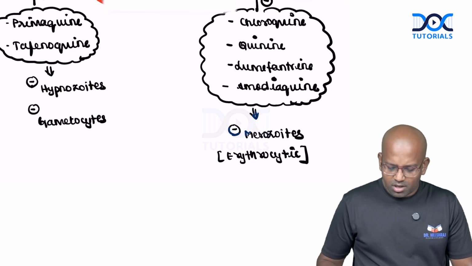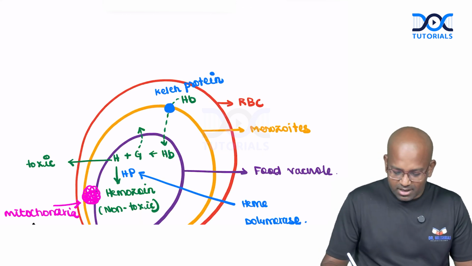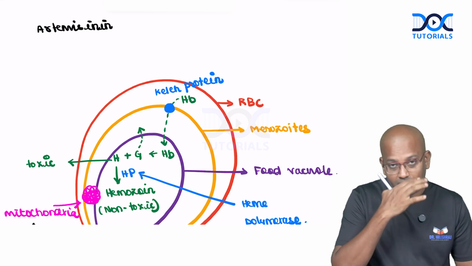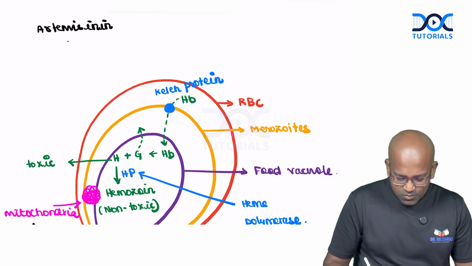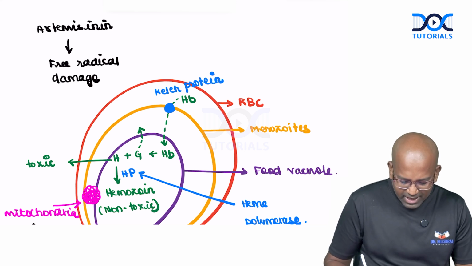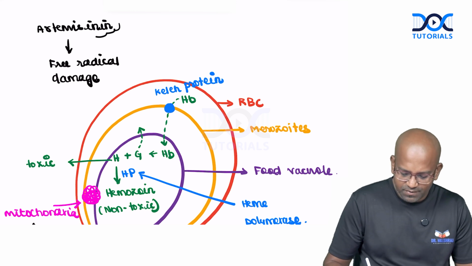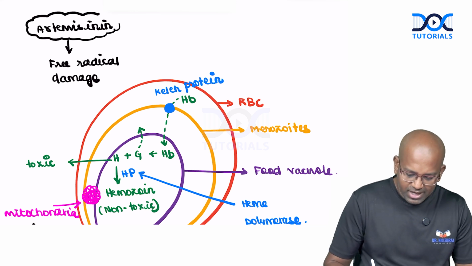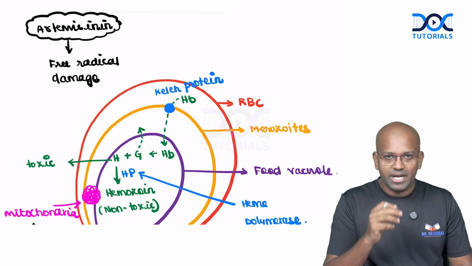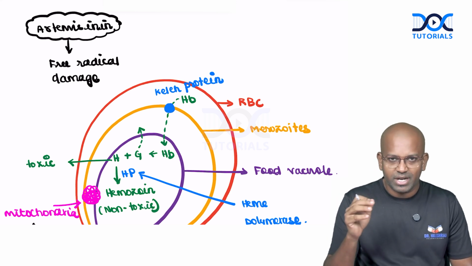Now we have one more drug called Artemisinin derivatives. Here comes the Chinese product, no? Artemisinin derivatives will induce free radical damage. So what do we expect the mechanism of action of this artemisinin derivative to be? It is inducing free radicals, not immediately, my dears. It will release free radicals, thereby inducing damage to the plasmodial cell membrane.